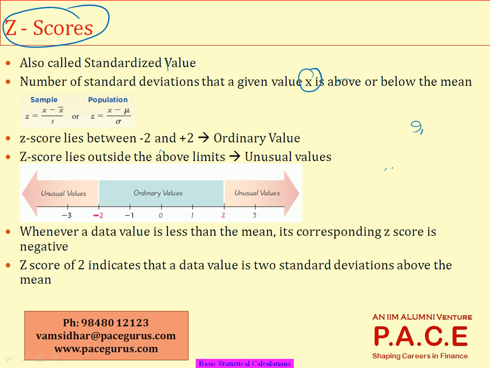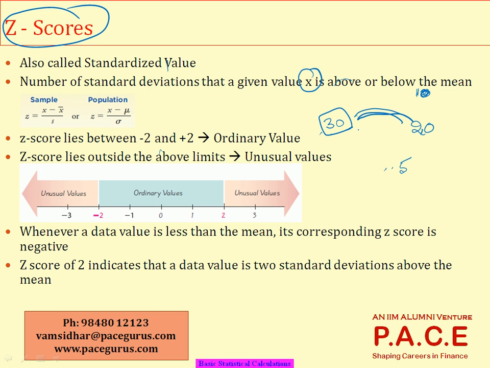Let's say the mean value is 20, the standard deviation is 5, and I am considering a particular value, 30. Then 30 differs from 20 by 10 units. 30 is more than 20 by 10 units.